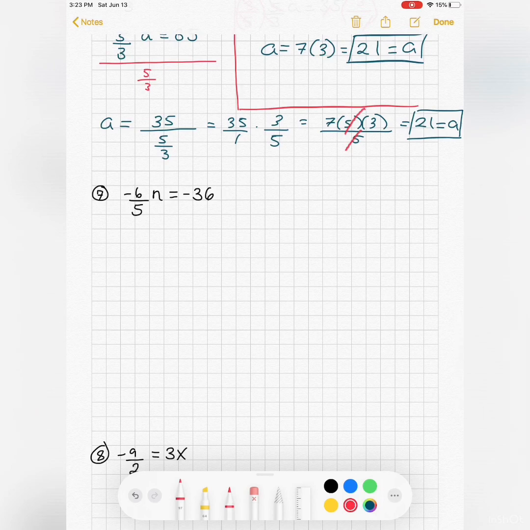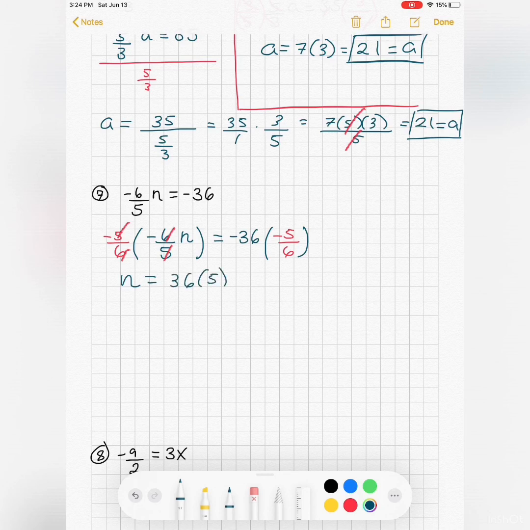Let's try that on this next one. So I'd multiply both sides by the reciprocal. Cancel, cancel, cancel, cancel. Okay, so let's see, I have a double negative.